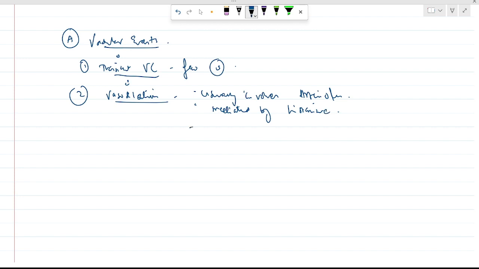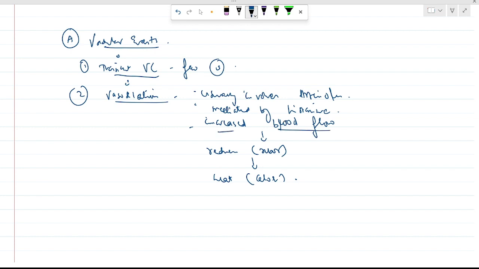As there is vasodilation, there is increased blood flow, which leads to redness, which is our rubor. This redness leads to heat generation, that is our calor. Very important point to remember here, mediated by histamine.